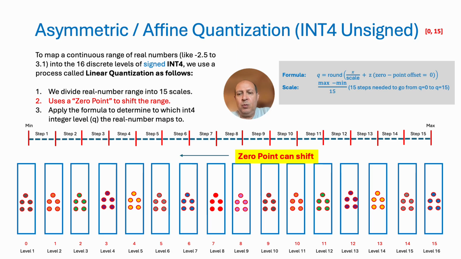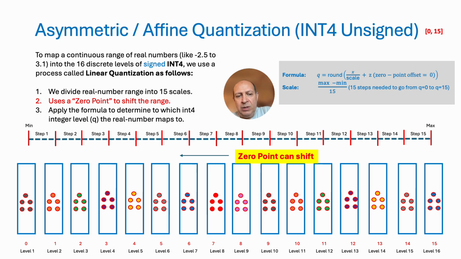Instead, we are starting with quantization level 0 all the way to quantization level 15. This is important, okay? To map a continuous range of real numbers like -2.5 to 3.1 into the 16 discrete levels of int4, we also use linear quantization. We divide the real number range into 15 steps or 15 scores.